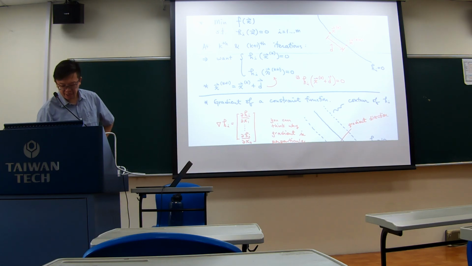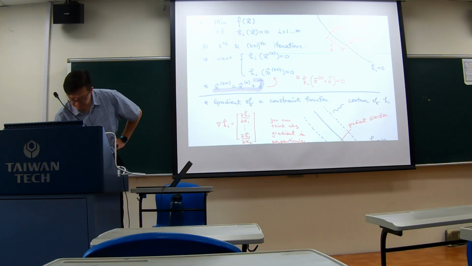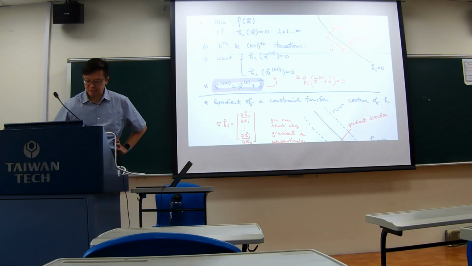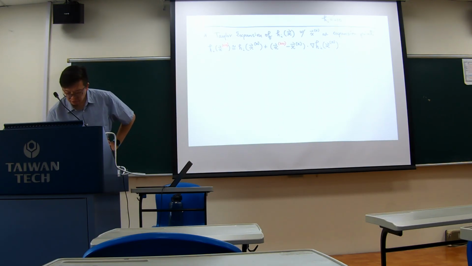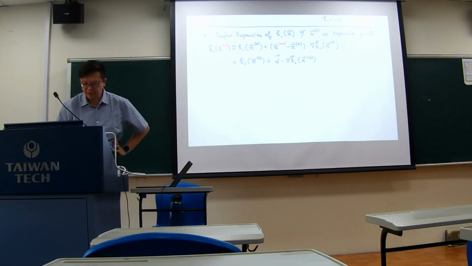So earlier we had this equation. From here you can see xk plus 1 minus xk equals d. That's the movement from the previous point to the newer point. So this can then be derived as hi xk plus d dot product the gradient of hi at xk. Okay?